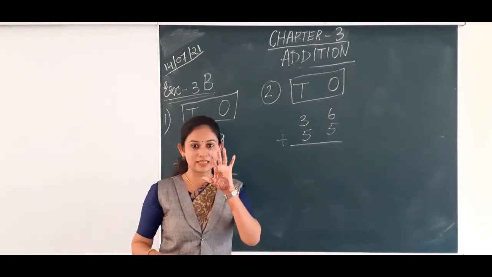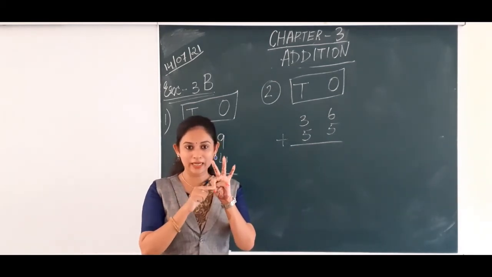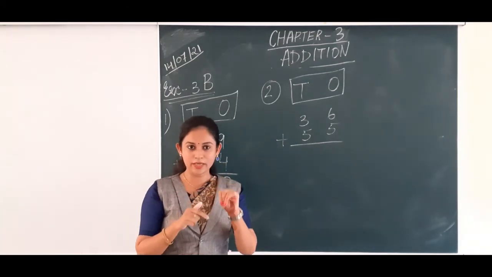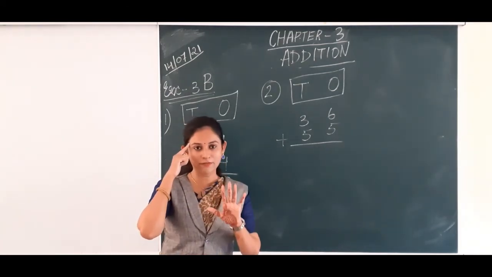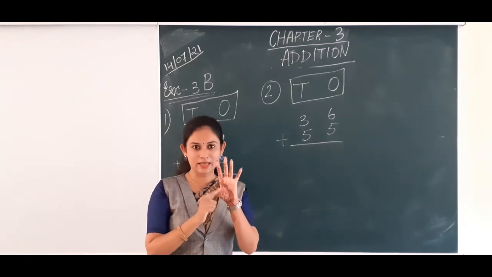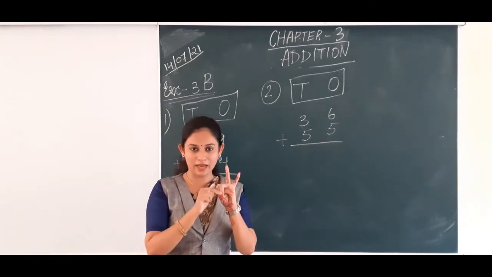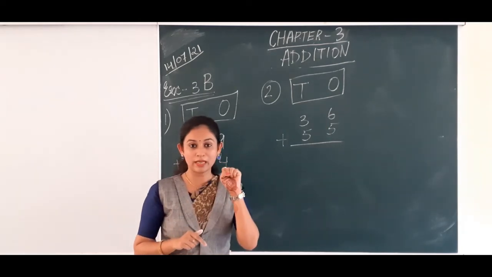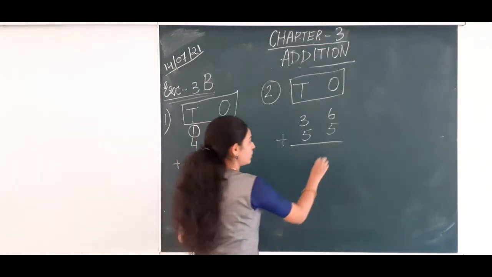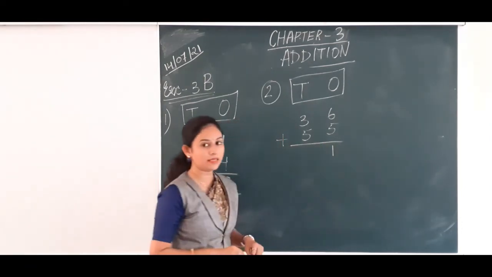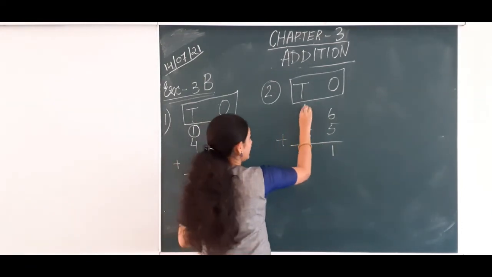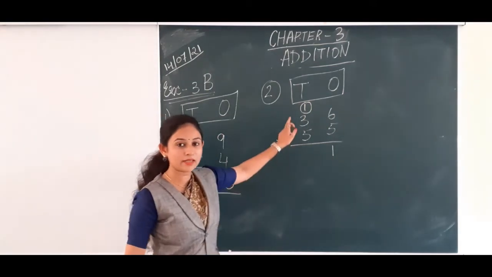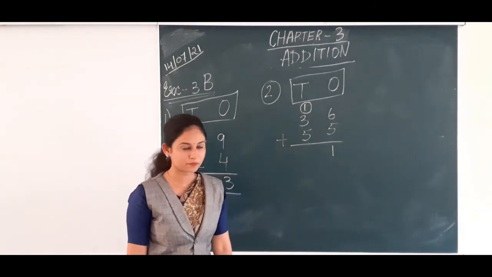6, then 7, 8, 9, 10, 11. We have stopped at 11. So we write 1 here and the other 1 we will carry in the tens column.